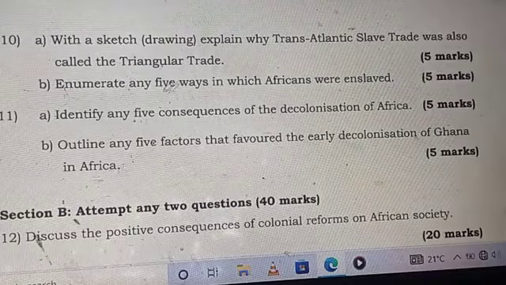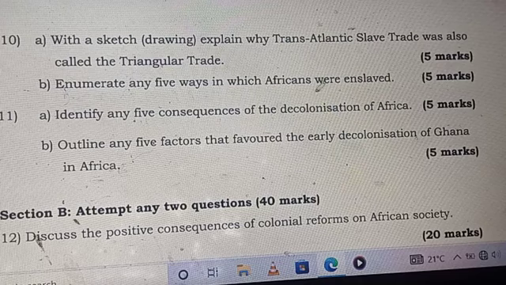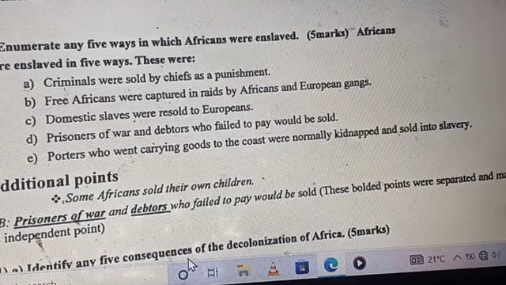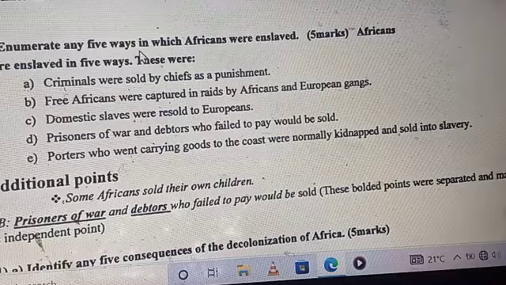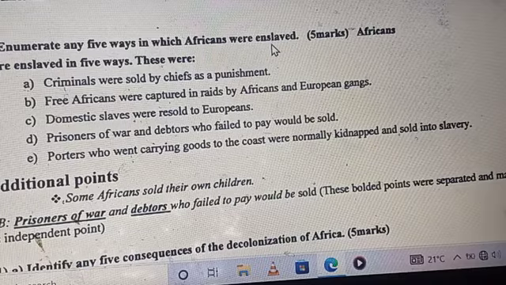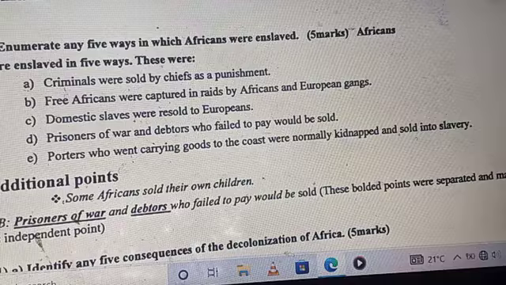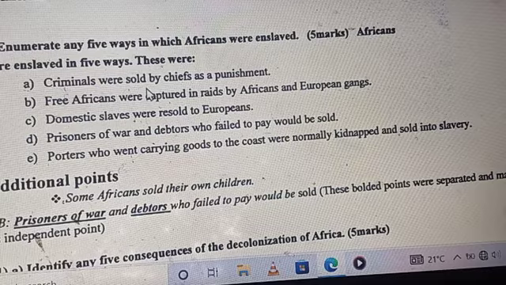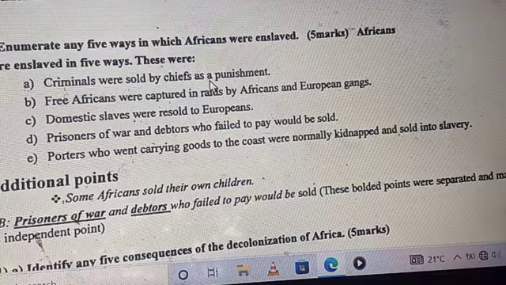B. Enumerate any 5 ways in which Africans were enslaved. Africans were enslaved in 5 ways. These were: criminals were sold by chiefs as a punishment.